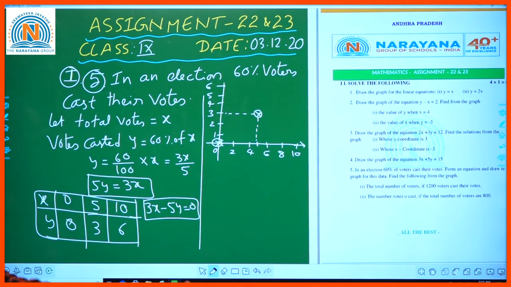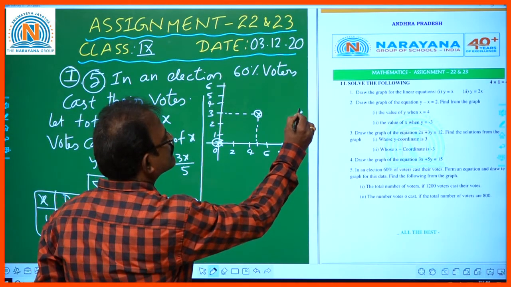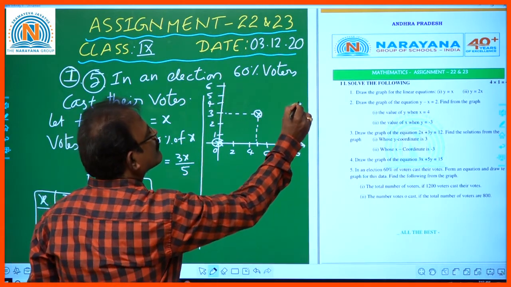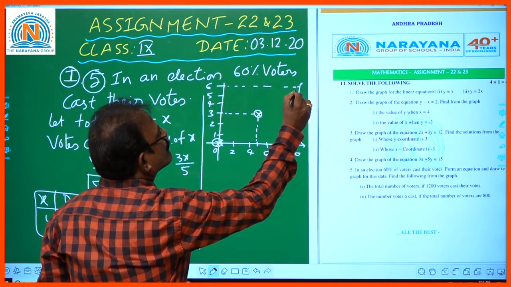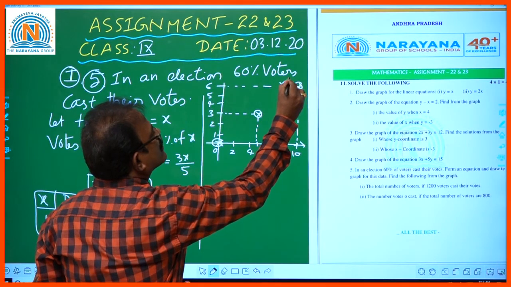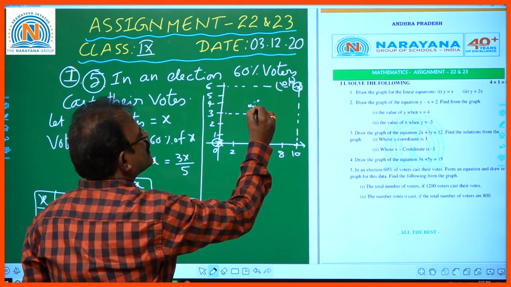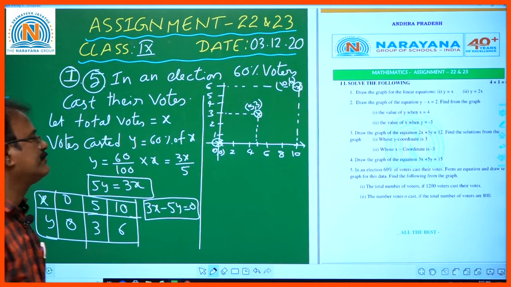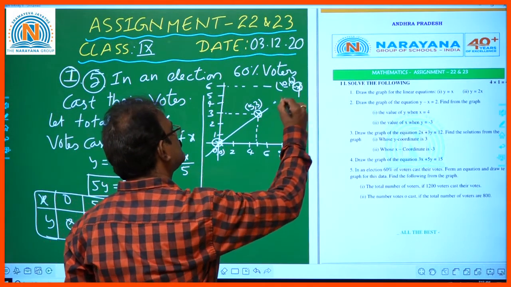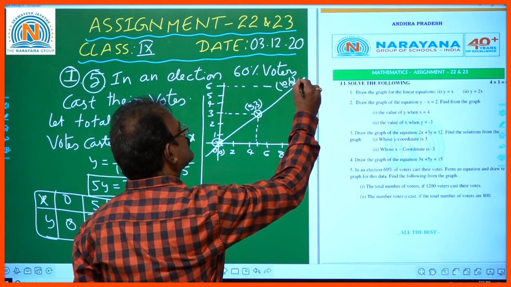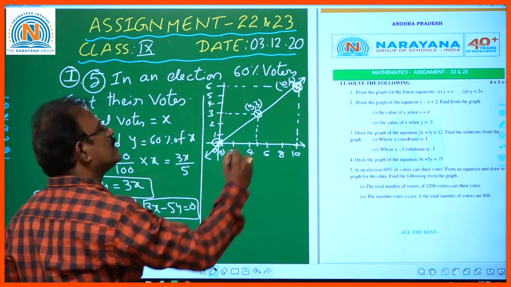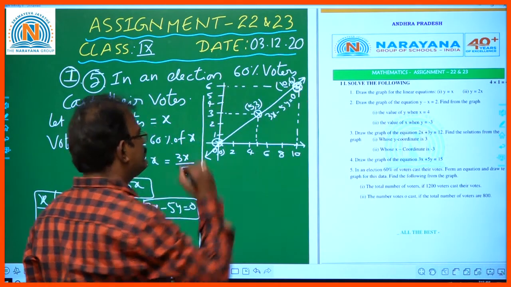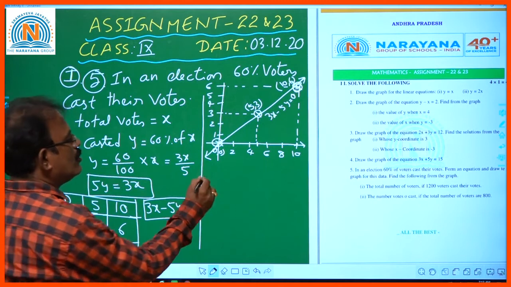And when x is equal to 10, y is equal to 6. This is 10 comma 6. This is 5 comma 3. This is 0 comma 0. Then take scale and draw the line. This is 3x minus 5y is equal to 0. Okay. Now, what is the first question?